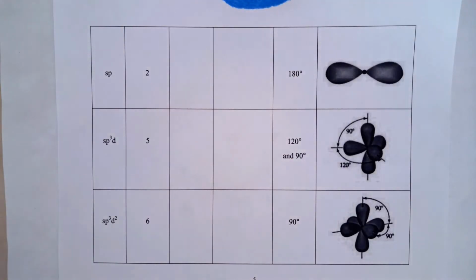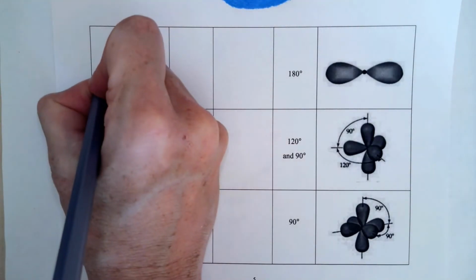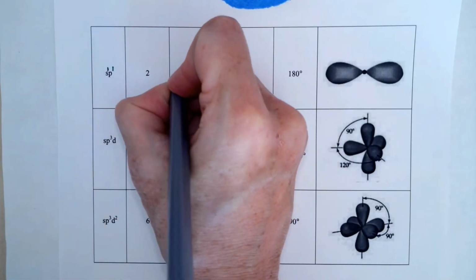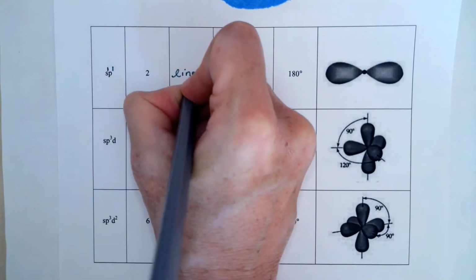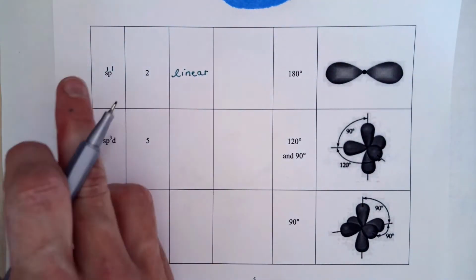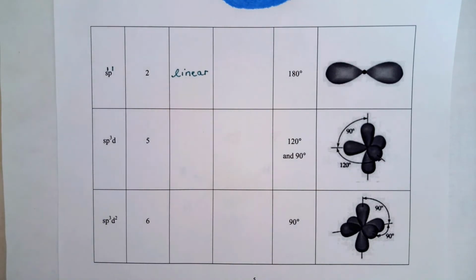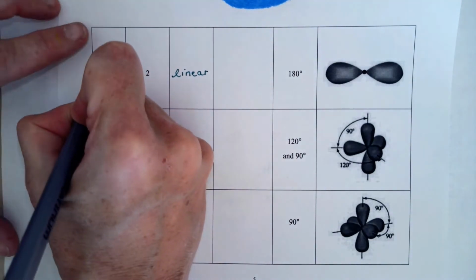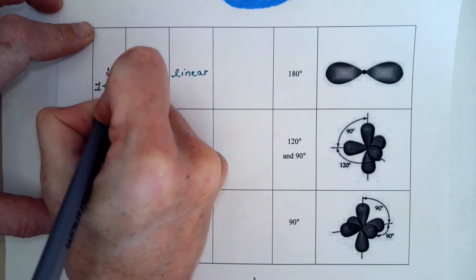Next up, sp. So you're going to see sp with any of the linear electron geometries. It's the combination of one s orbital and one p orbital. 1 plus 1 is 2.